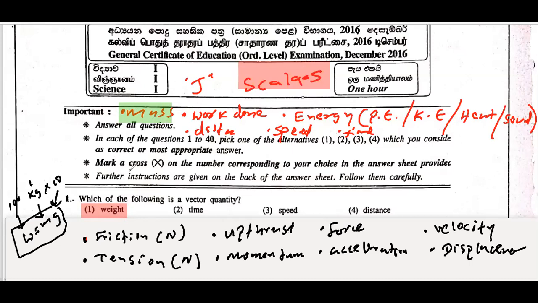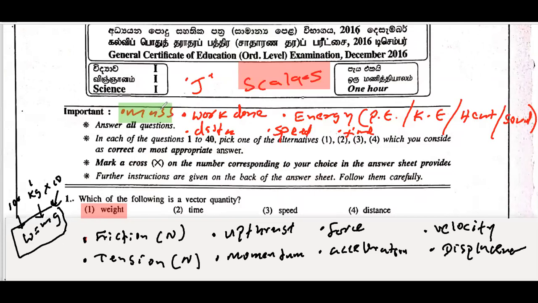Example, whether you are on the moon or the earth, your mass is constant, but weight changes. So weight changes with the place, with the gravitational acceleration, but the total quantity of matter in your body is constant, whether you are on the moon or on the earth.